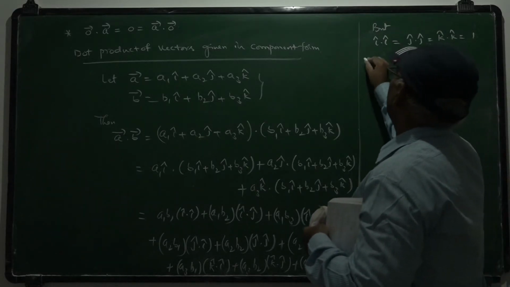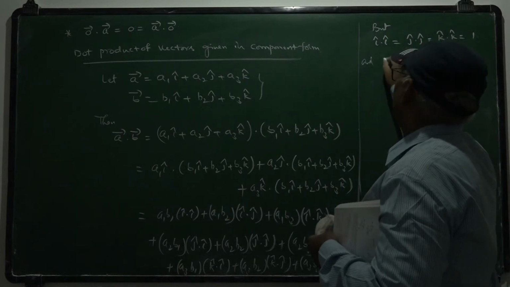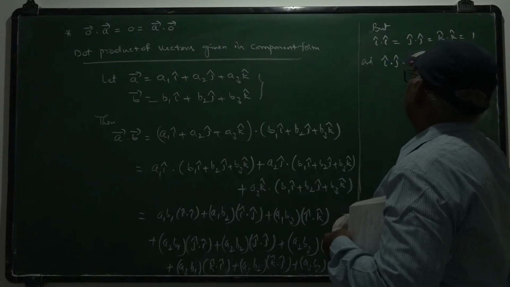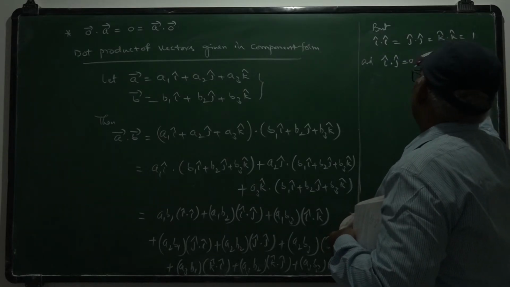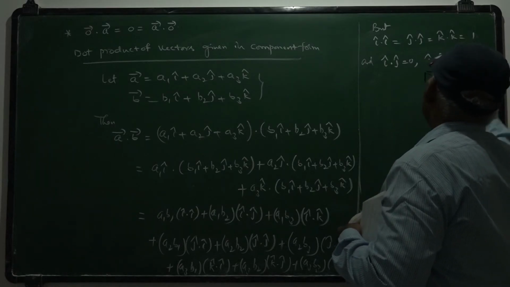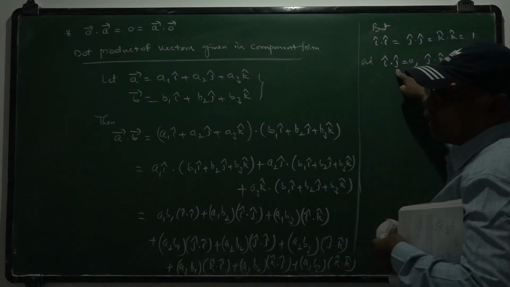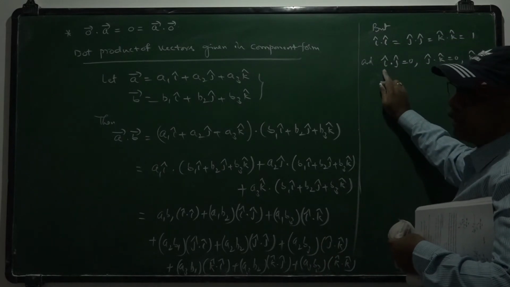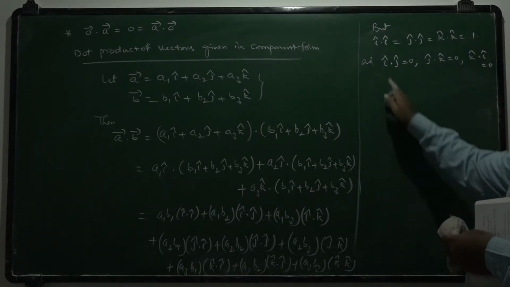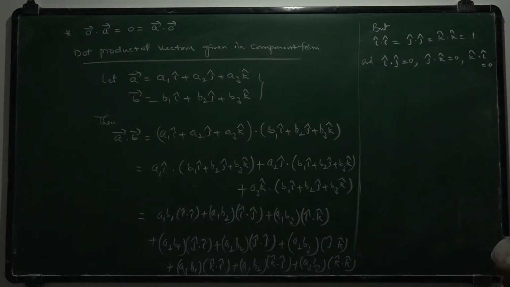And the dot product of I and J is 0, J and K is 0, K and I is 0. Since these two are perpendicular, this is the unit vector along the x-axis, this is the unit vector along the y-axis. X-axis and y-axis are perpendicular. Hence, the angle between the two vectors is 90.